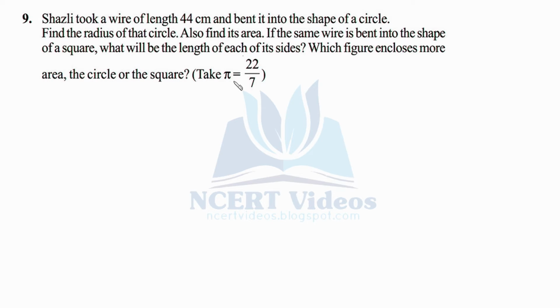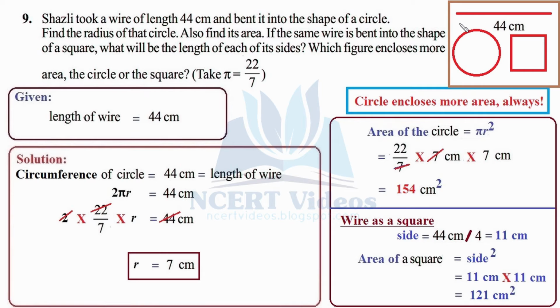Take pi equals 22/7. So the initial thing Shazli had was a wire of 44 cm. So consider this as a wire of 44 cm. She bent it into the shape of a circle. Now what thing remains the same? That is the perimeter, or the actual length. This was a line. This turned into the perimeter of a circle. Now we have to find the radius of this circle and also the area. And then what she did, again bent it into a square.